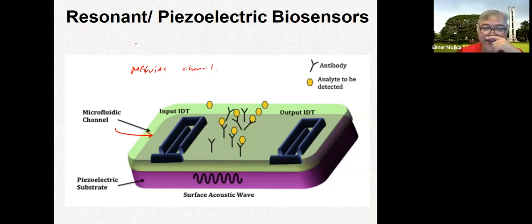Are you familiar with the case of Theranos? Have you heard this case of Theranos? Class?